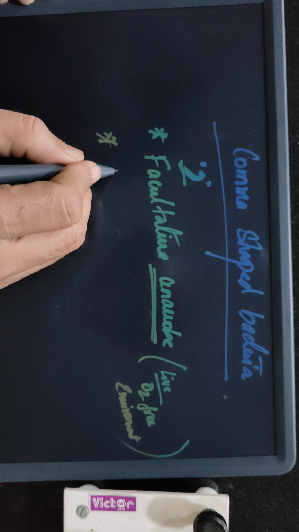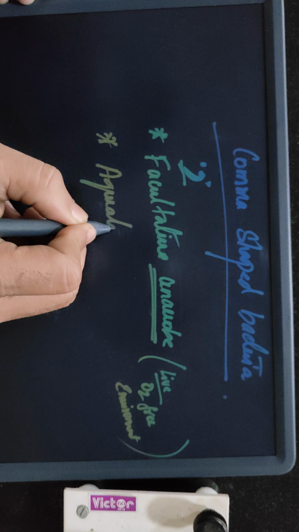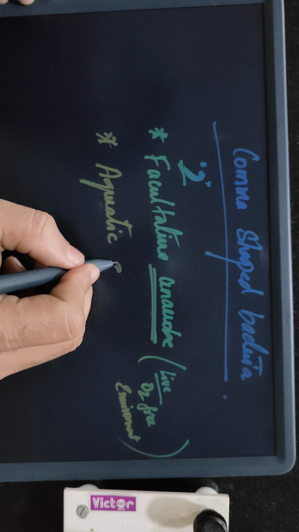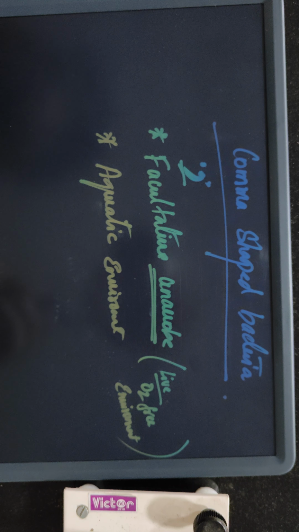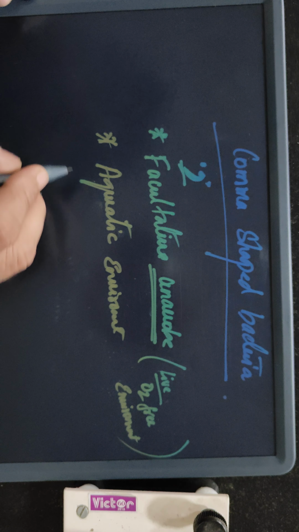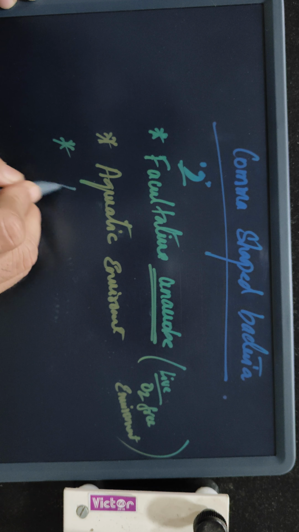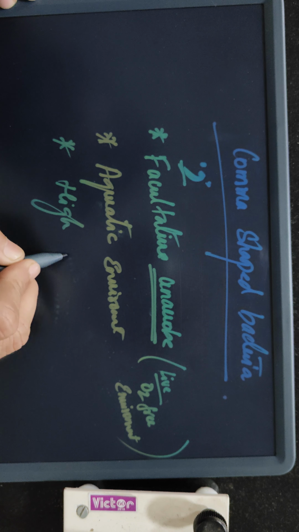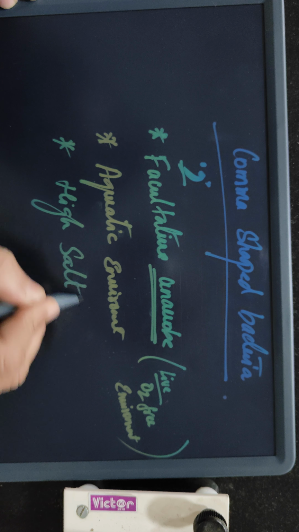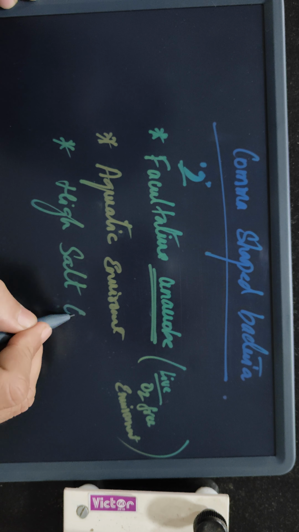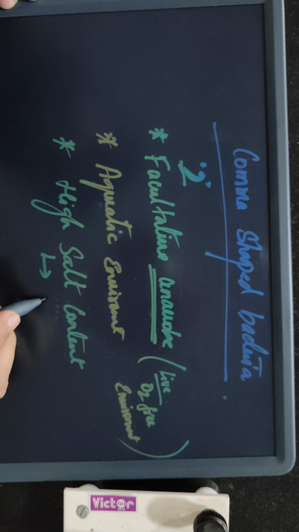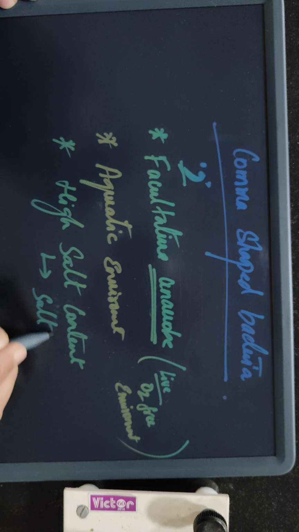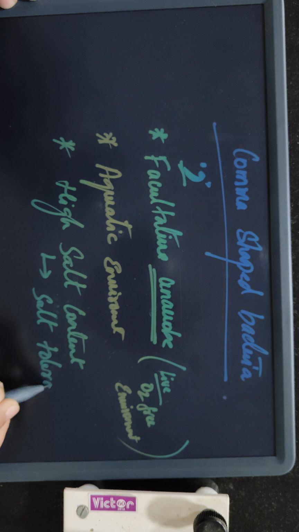They are mostly aquatic in nature. They are found in ocean water, pond water, river, etc. They can withstand high salt content, and they are recognized as salt tolerant.